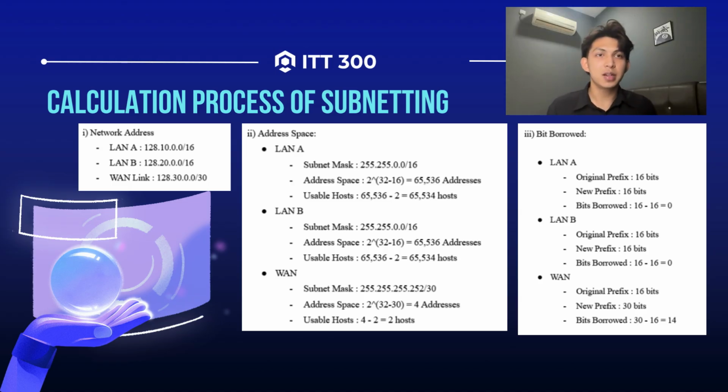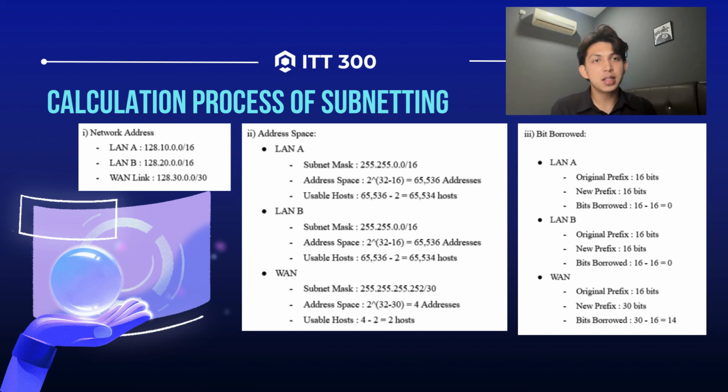So moving on to our next is our subnetting strategy. These slides will display the mathematical formulation behind our design. Our architecture requires three distinct logical segments to function without overlapping: LAN A, LAN B, and also our H1 link.